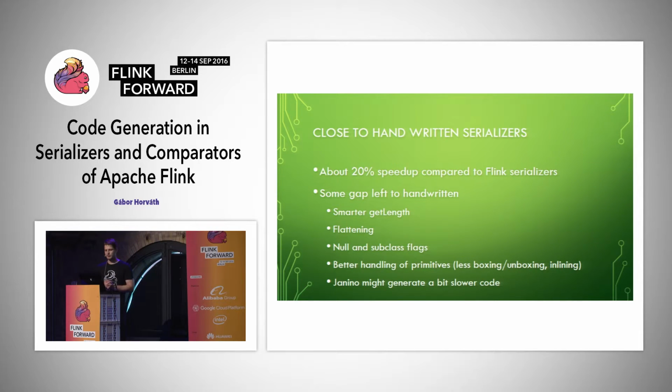And also, it would be great if we would be able to do some conceptual flattening, so we can actually inline the serializers that our serializer calls. So instead of trusting the JVM to do this, we could do this at code generation time, and it can provide us with a significant performance improvement.